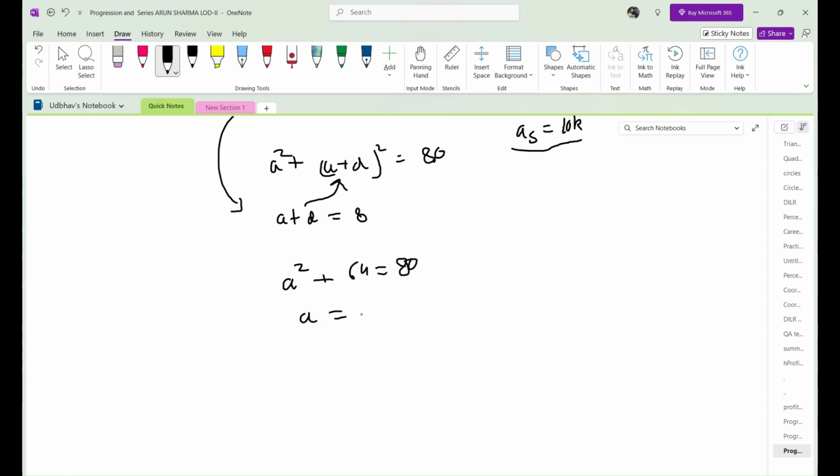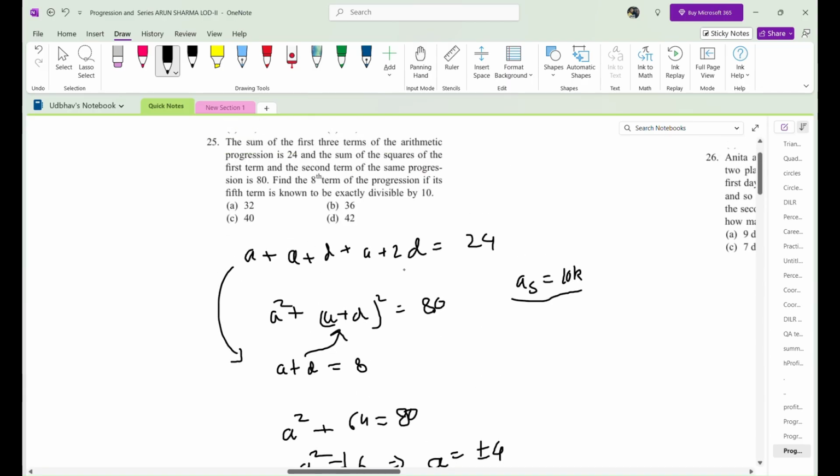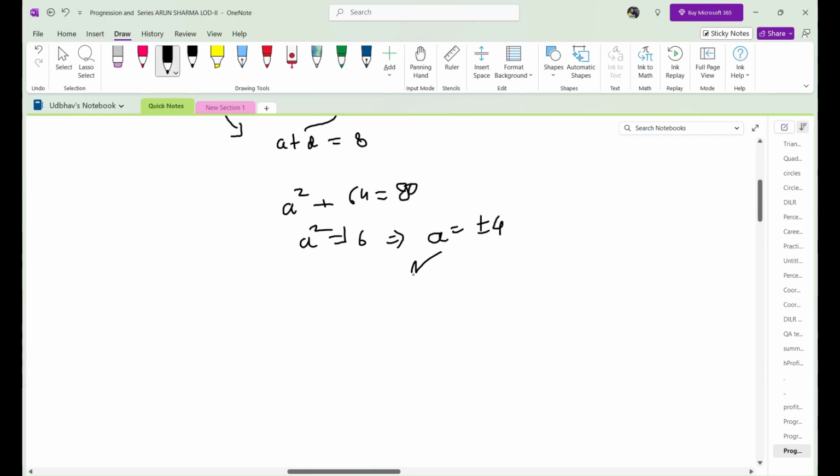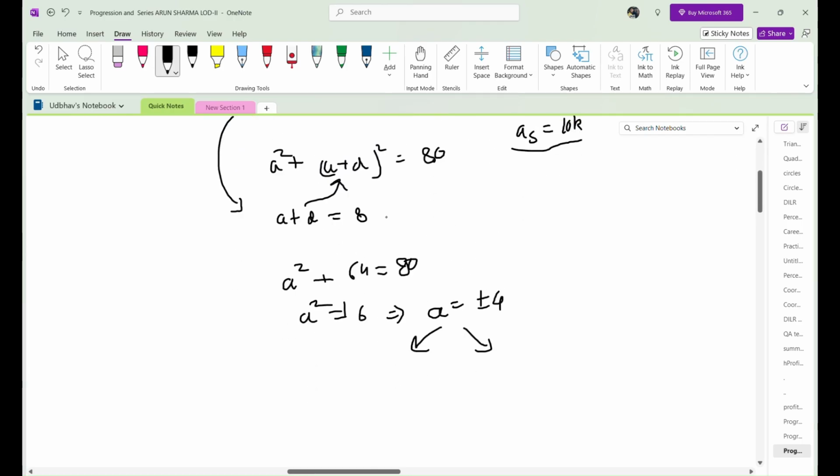Then a square equals 80 minus 64, that is 16. So a equals plus or minus 4. We got two values of a, and we can plug these two values of a back into this equation.